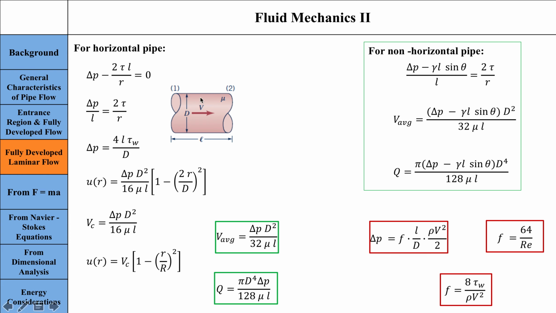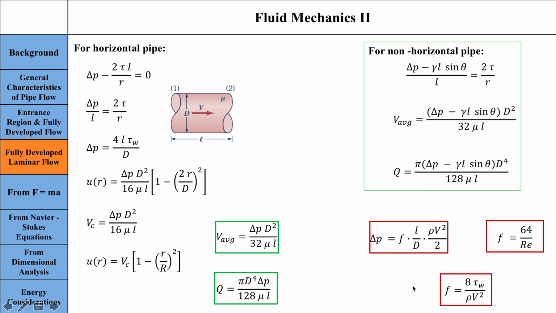For the horizontal pipe, we already found these equations. These are the important equations. And for the non-horizontal pipe, these are the equations that we found. And right now in this lecture, we have found the pressure drop in terms of the Darcy friction factor, and we have found this Darcy friction factor for a fully developed laminar flow in terms of Reynolds number and in terms of dimensionless shear stress.